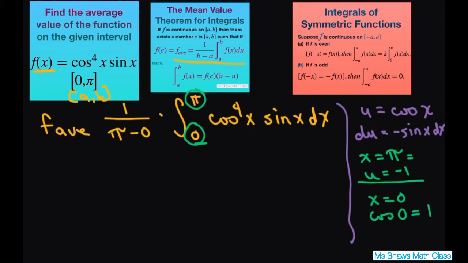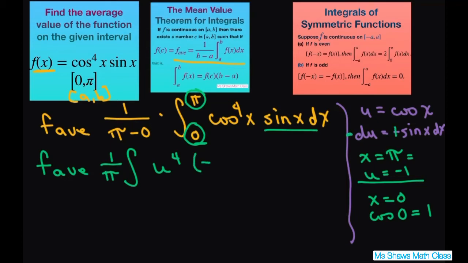positive 1. So I can rewrite this with u substitution as 1 divided by pi. I have to change everything in terms of u. So u is cosine of x, so that's going to be u to the 4th power. And then we have sine x dx, so I'm going to change this to negative and this to positive.